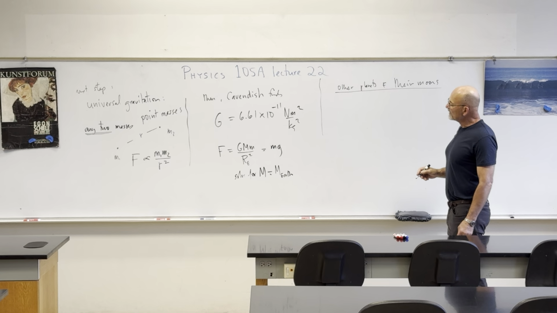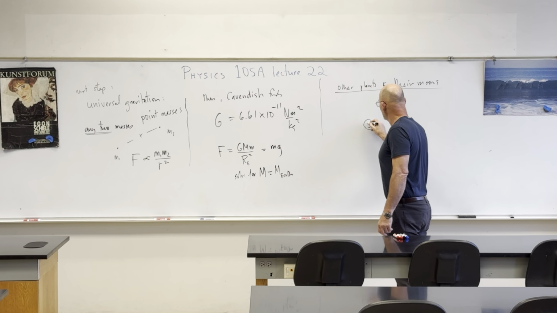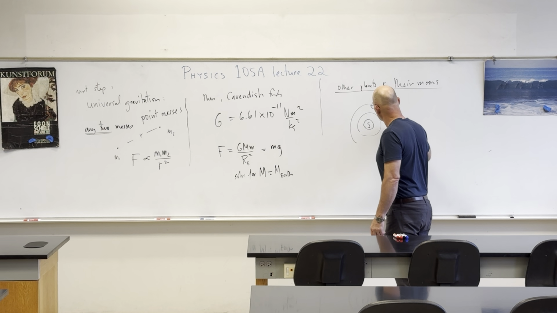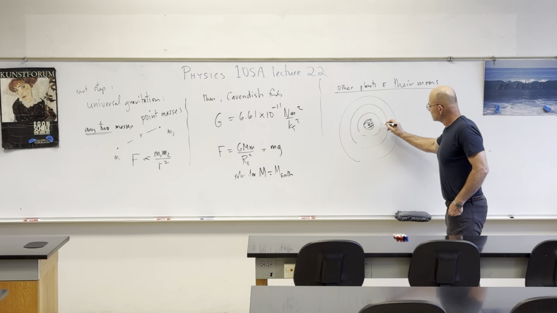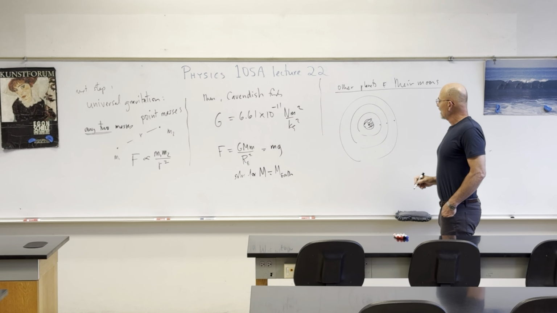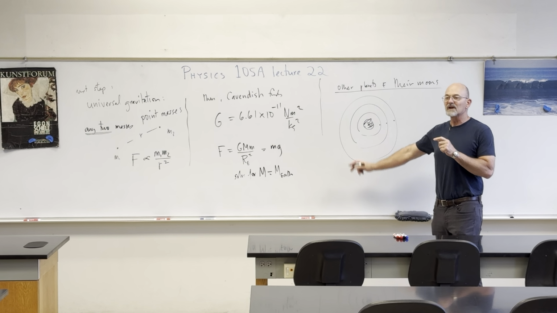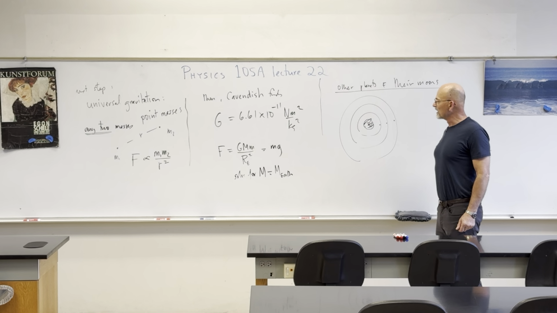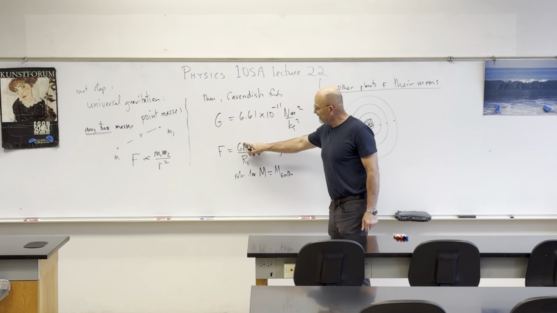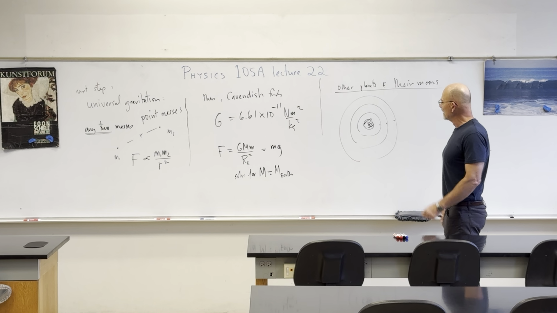So with other planets and their moons, you've got, say, Jupiter here. Jupiter is orbited by a whole collection of moons. And first of all, Kepler's third law is verified for the whole collection of moons. But of course, there's a different constant there. And if you know this, then you can get the mass of Jupiter by the period and size of the orbits. Okay? So that can be calculated off of that.